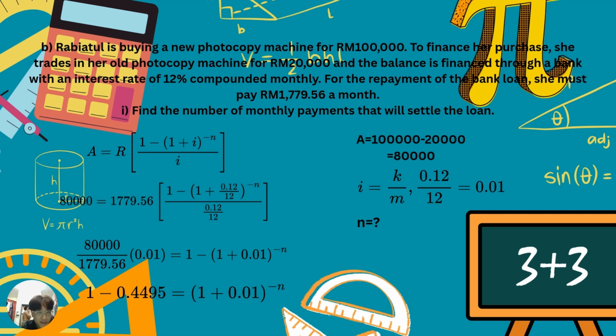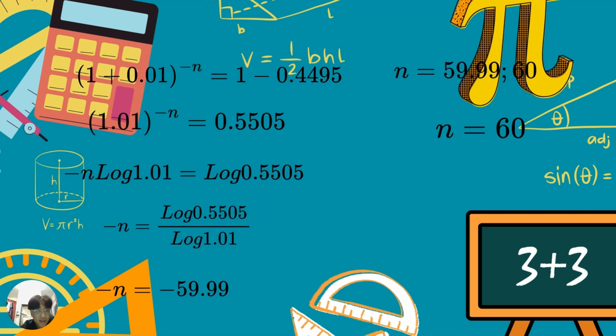1 minus 0.4495 equals open bracket 1 plus 0.01 close bracket power negative n. Moving to the next, we need to do open bracket 1 plus 0.01 close bracket power negative n equals 1 minus 0.4495.